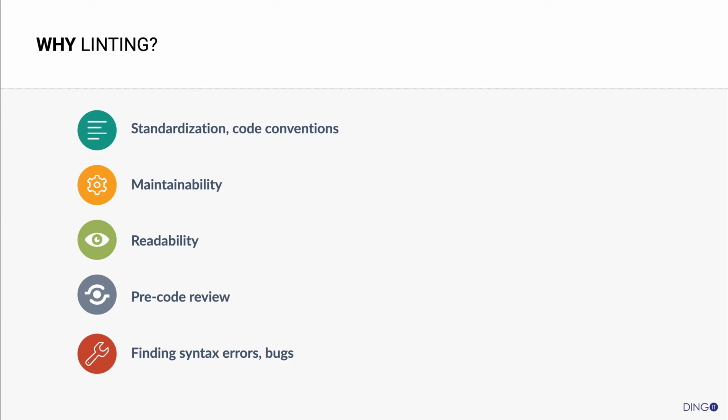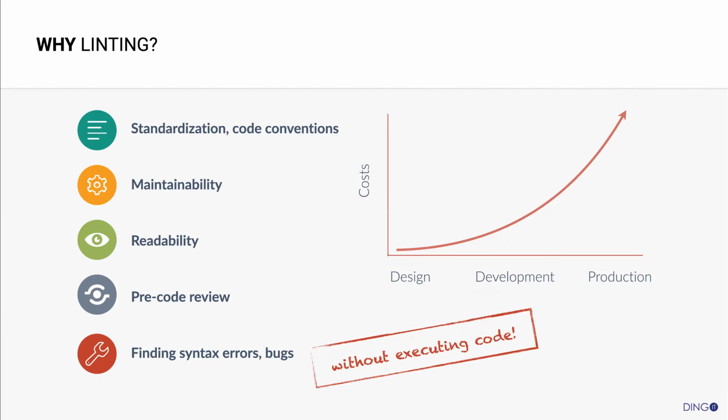It's a pre-code review because linting can already help, not only structure the code, but also find syntax errors or potential bugs. So potential code that may not even run or may not even work. And this is all without executing the code. So let's look at this graph. This is a very popular graph. On the x-axis, you have the different phases.